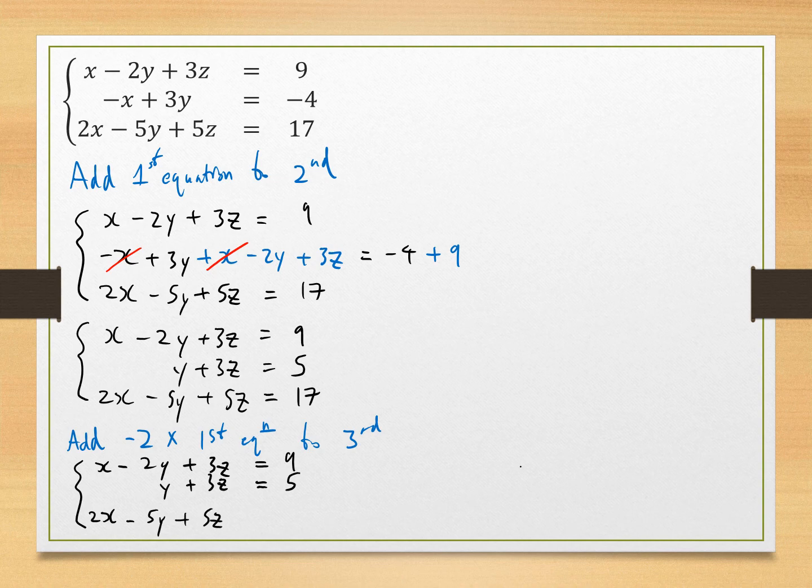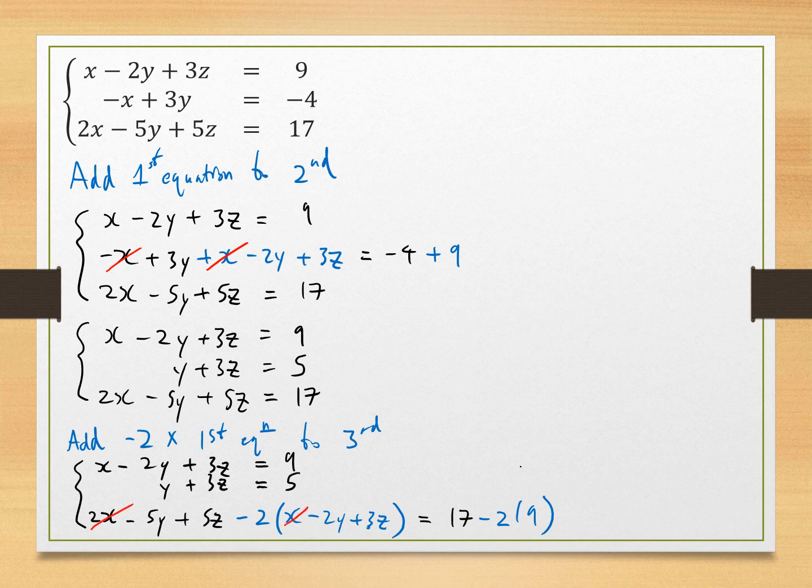Right, so -2x, you have x minus 2y plus 3z equals 17 minus 2 times 9. Once again, the point is that we want to cancel out the 2x.